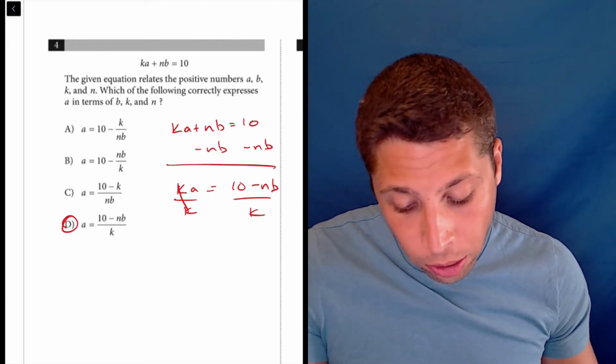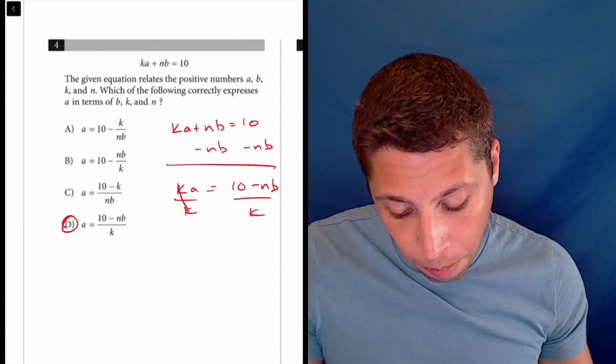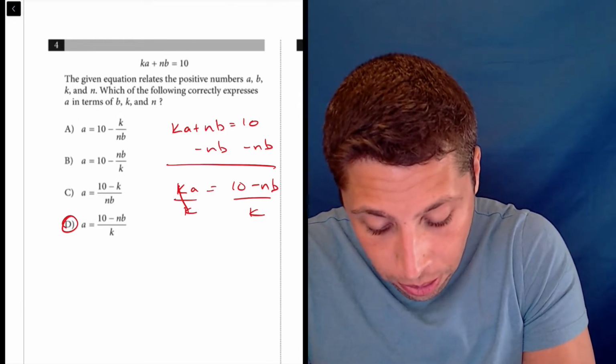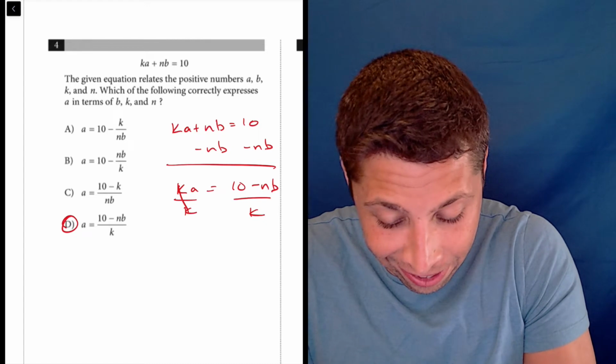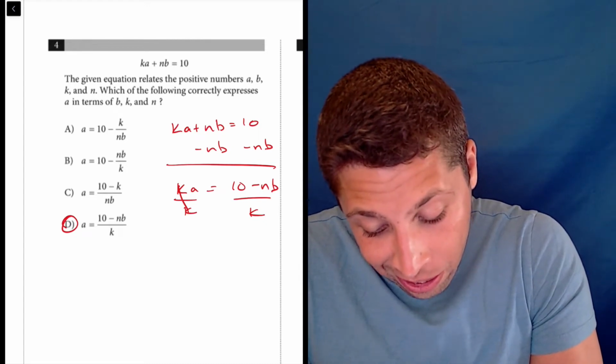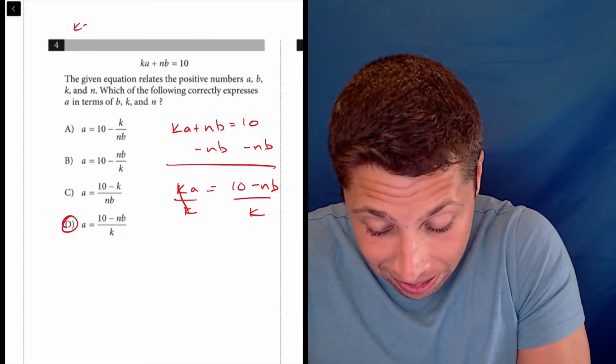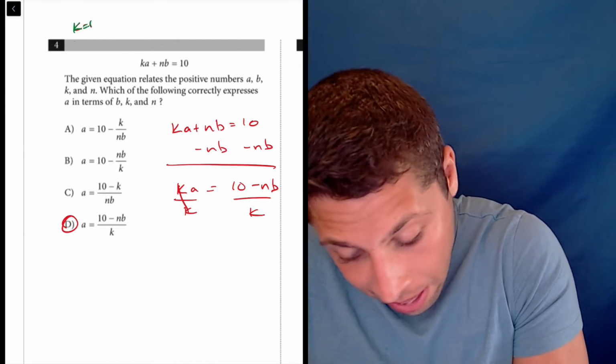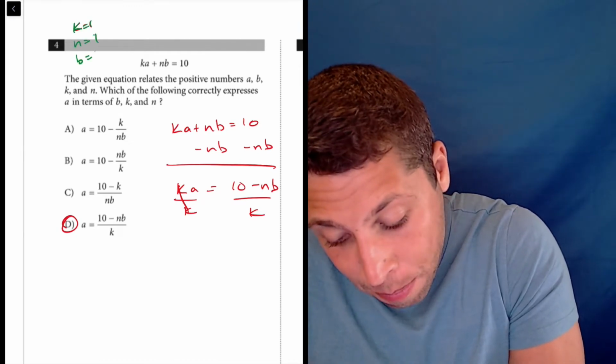Now, if you wanted to arithmetize, you could pick some numbers here. It's hard to know. What if everything was 1? Let's just keep it simple. K is 1, n is 1, and b is 1.